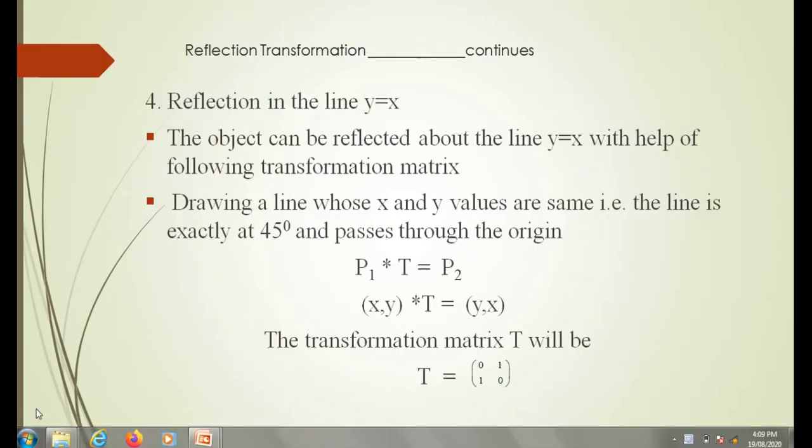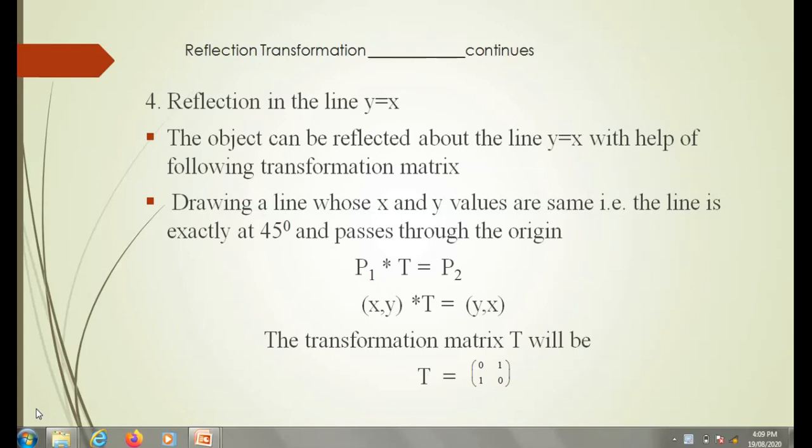Here is the fourth type, that is reflection in the line y is equal to x. In this, we are not going to take the reflection at any standard x and y axis or in the origin, but at the line y is equal to x.